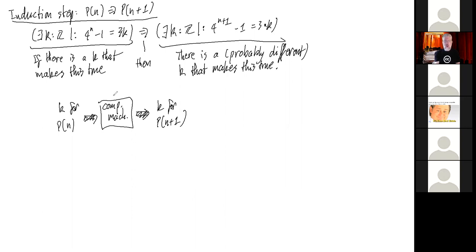Then you would know that for any n, you put the k in for n and get the k out for n plus 1, and that would give us the ability to construct these stepping stone proofs that take us from n to n plus 1. This little machine would be cranking out these little proofs here and here and here and here. It would give us these little pieces that we need. And if we had something like that, that would be sort of nifty.